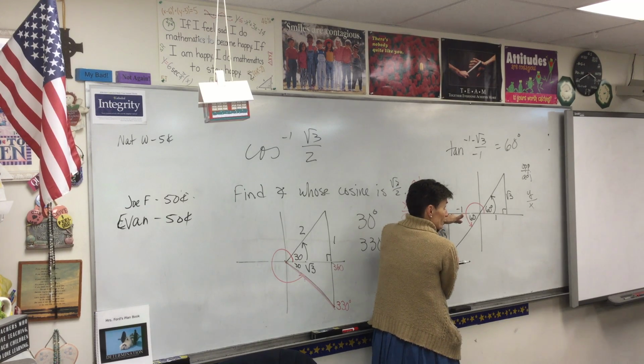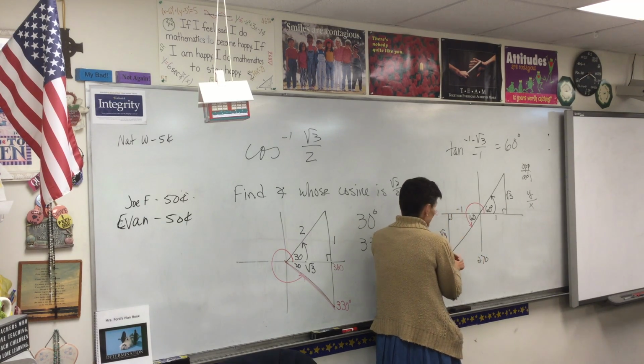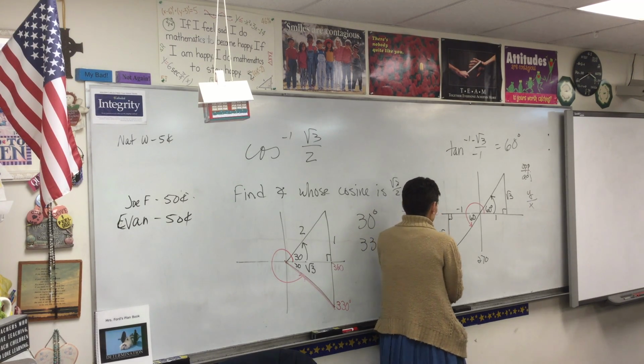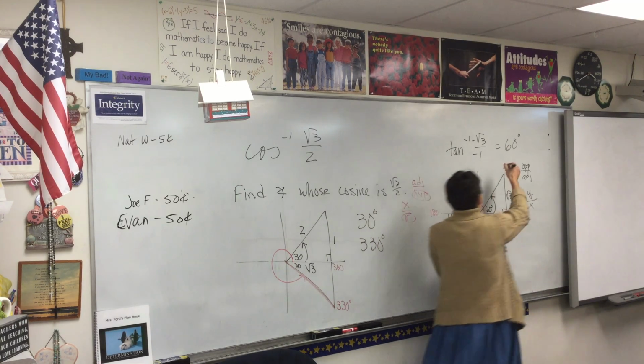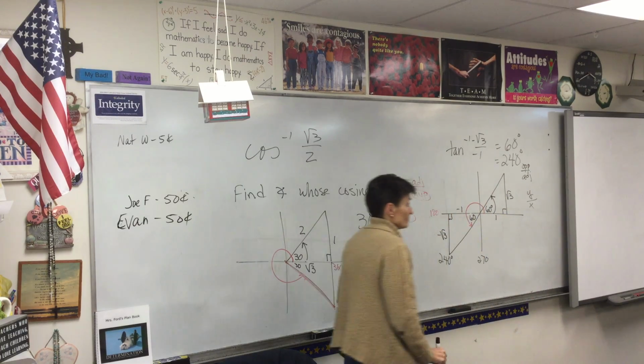120? 240? Now, this is 270, right? Does 120 make sense? Nope. So between 180 and 270, that makes sense. I'm hearing some 240s. You are right. Tell me how you got it. Explain to the rest how you got it.